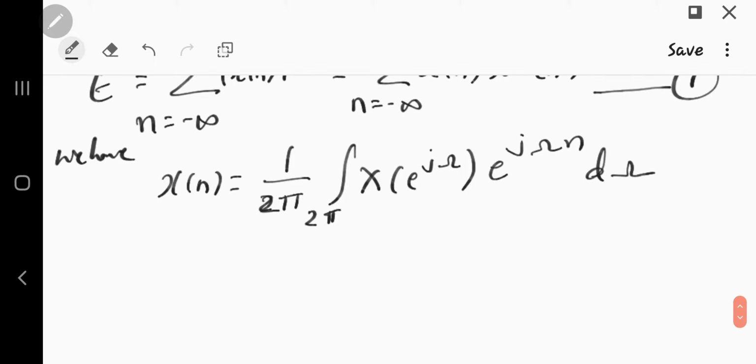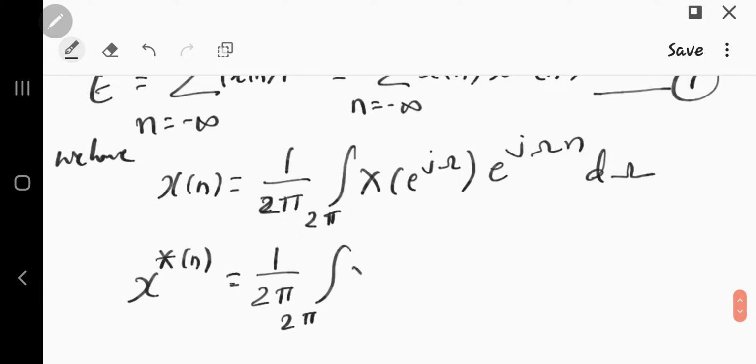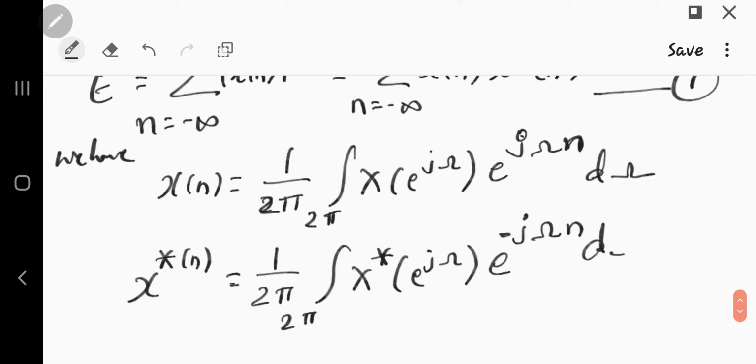So this is from the synthesis equation. If x of n is this, then x star of n is equal to 1 by 2 pi, the duration will be the same, integral of X star of e power j omega, and since it is the complex conjugate, the imaginary part is reversed, that is the negative of that, e power minus j omega n d omega. Okay.